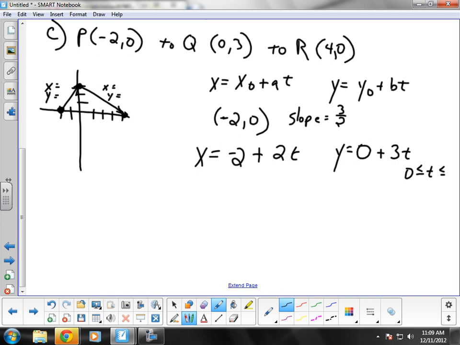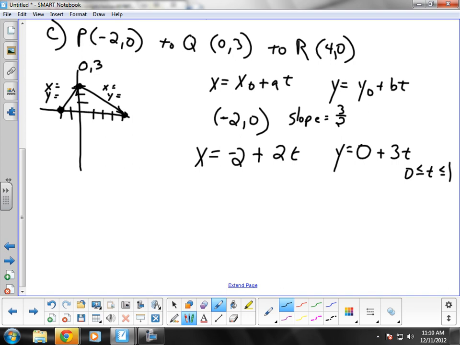I know 0 works because I fixed it so 0 works for the first one, right? Because if I put a 0 in here, I'm going to get the point -2, 0. It needs to go to the point 0, 3. So what would give me 0 here if t was, how about a positive 1, right? And if it was positive 1 here, I would be at 3. That's how you get your endpoints for your t when you do a piecewise.